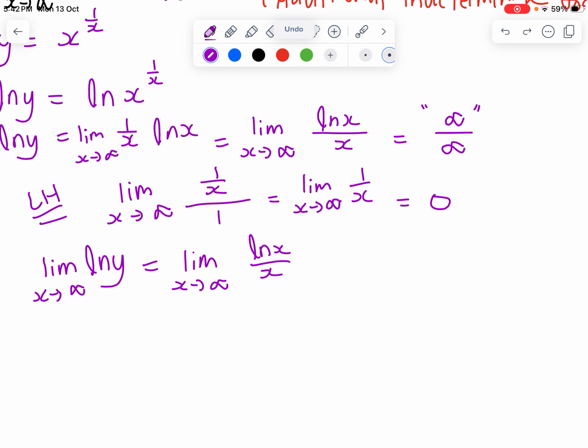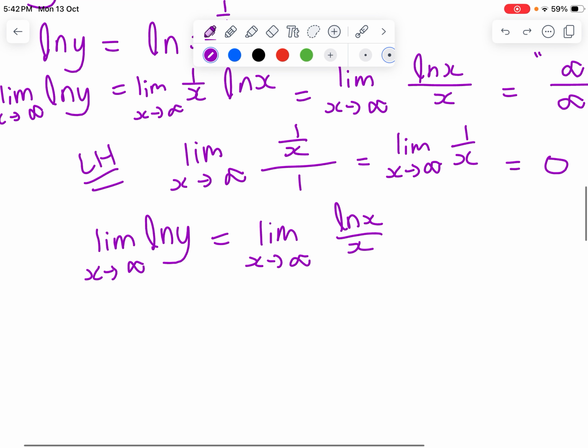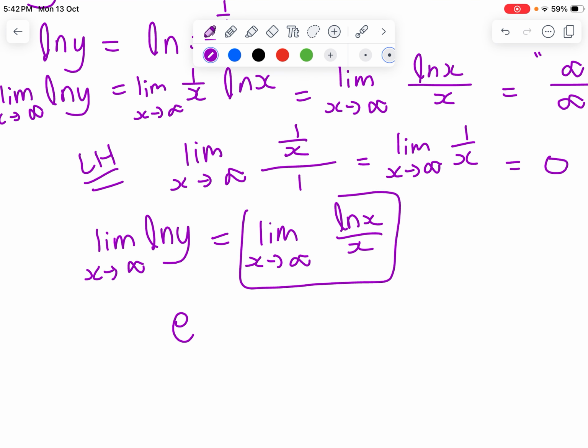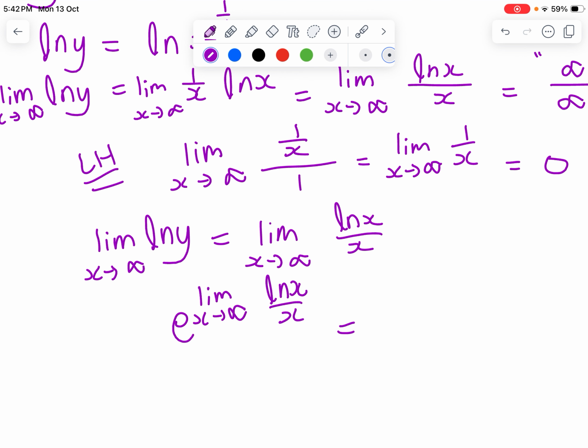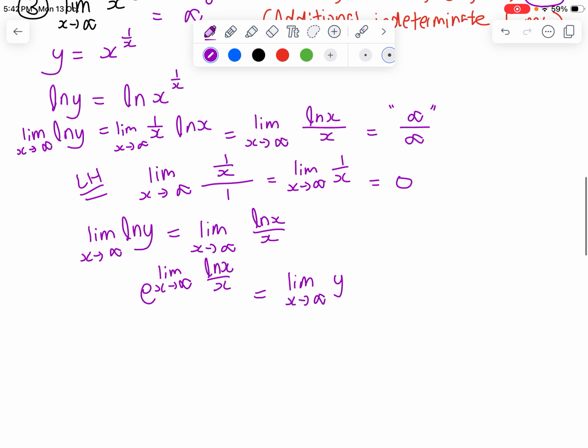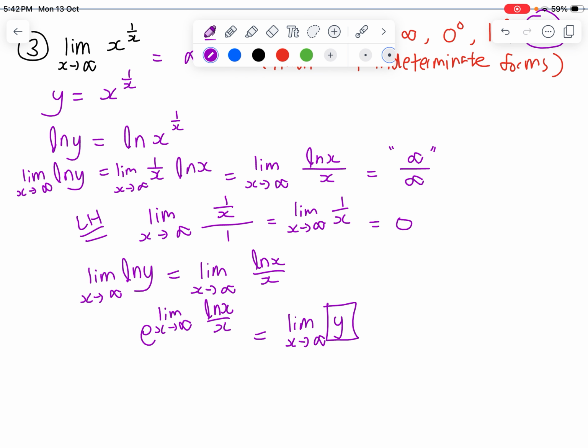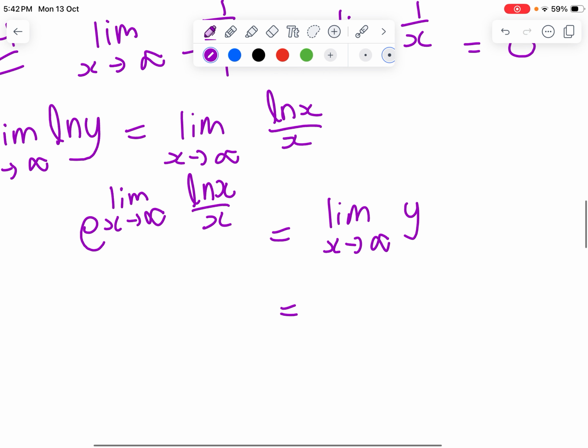If we apply that knowledge, we get e to the power of this entire limit of ln of x over x is equal to the limit as x approaches infinity of y. We said y was equal to x to the power of 1 over x, so that's exactly what we're trying to find.